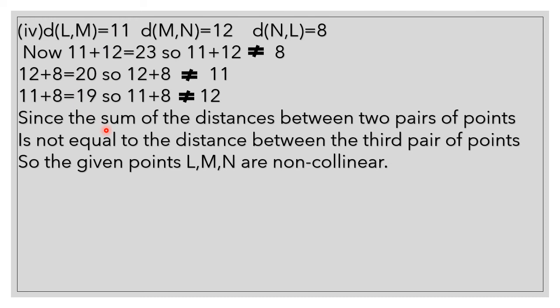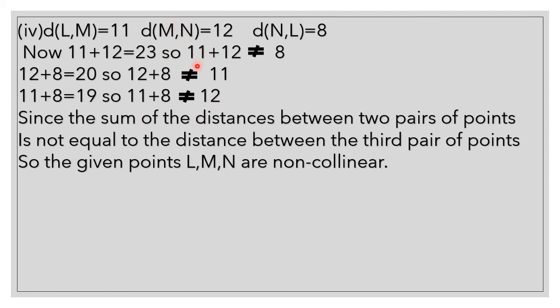Again, in the third case, what will we do? We will add the distance between LM and the distance between N and L. So we are getting 11 plus 8, that is equal to 19. But again, this is not equal to the distance between the points M and N, that is 12.